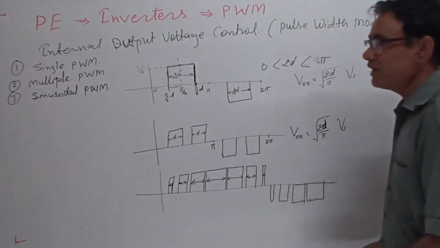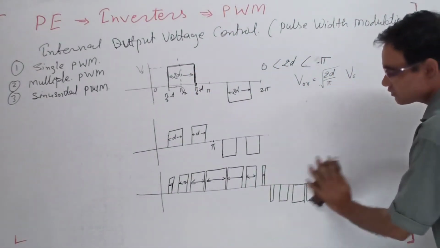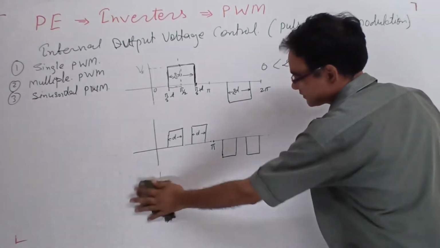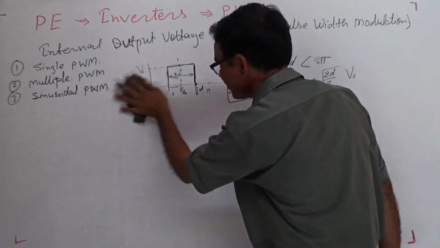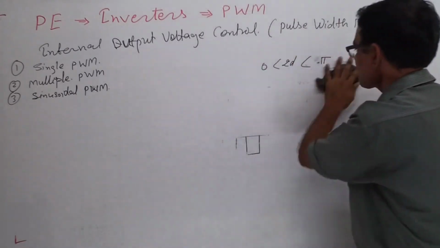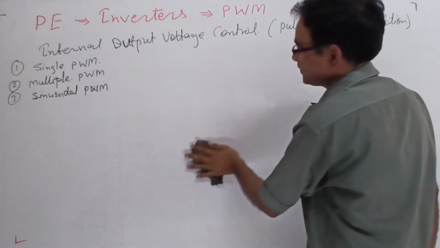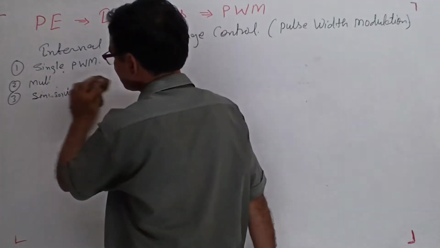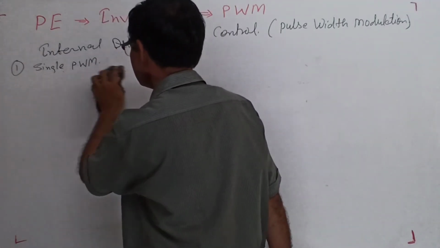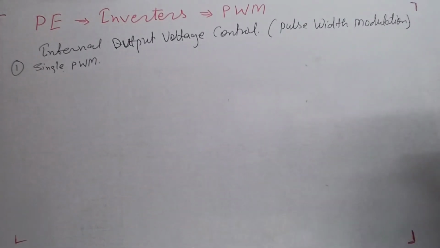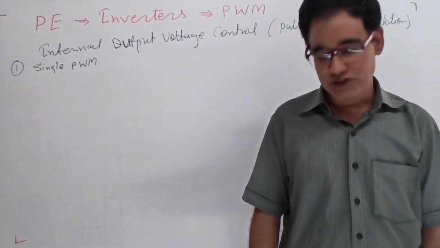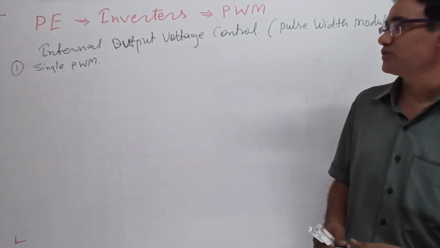Okay, so first we'll discuss the single pulse width modulation technique to control the output voltage as well as eliminate lower order harmonics. Single pulse width modulation technique for output voltage control.